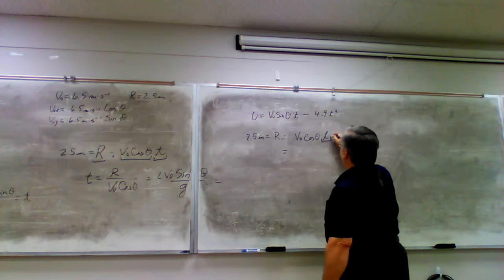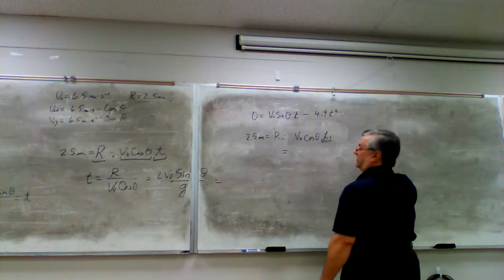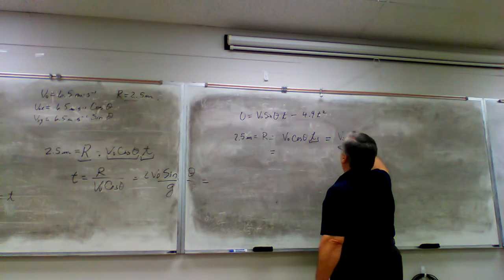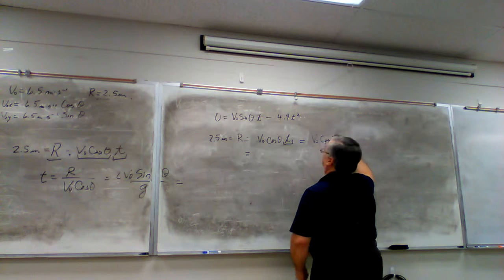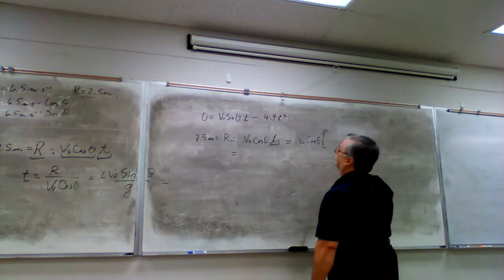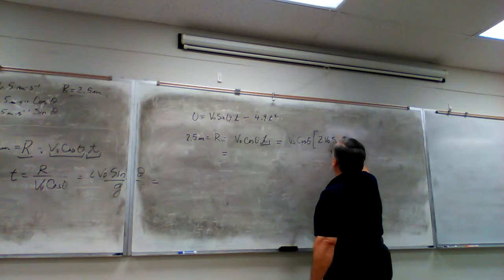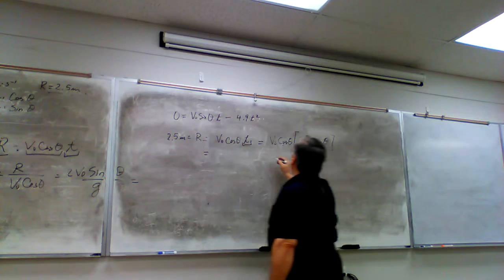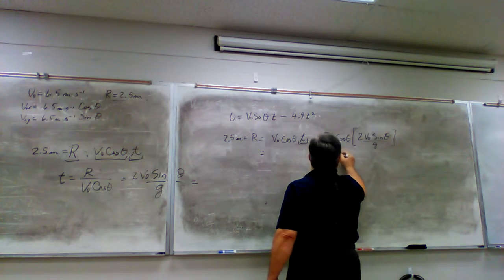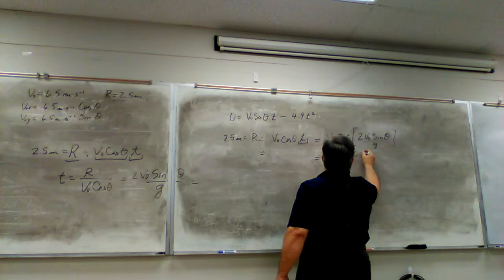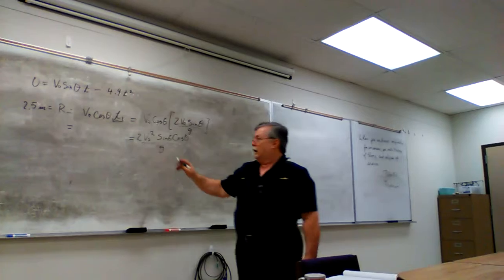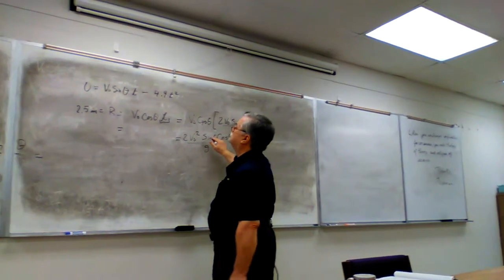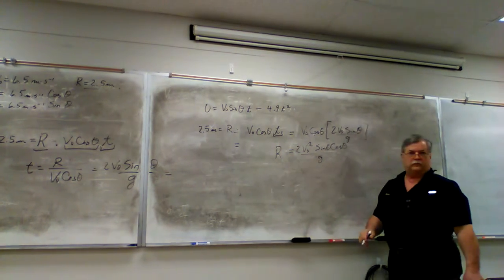V sub naught cosine theta times t, but t is equal to 2v sub naught sine theta over g. Okay? That's our range, our 2.5 meters.